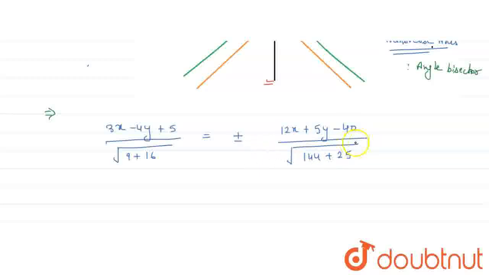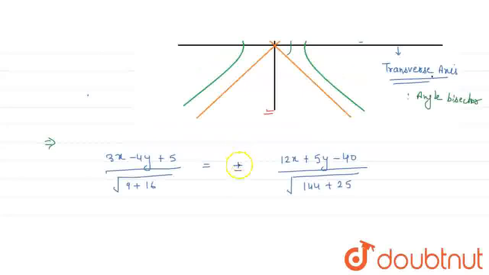Now we will get two equations based on this plus and minus sign. So which sign will we take, how will we decide? One sign gives the transverse axis and the other sign gives the conjugate axis.